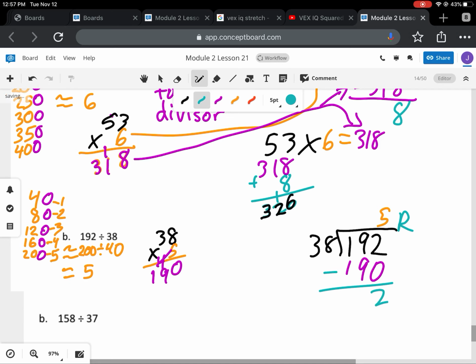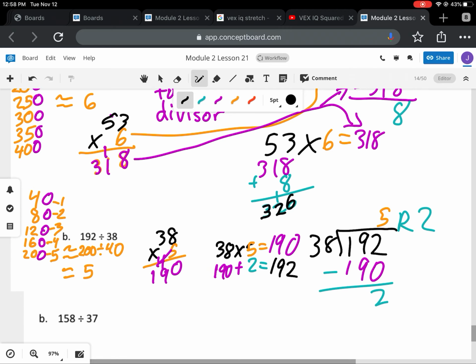Now I subtract, and I get a 2 as a remainder. How do I check? Well, 38 times 5 equals 190. Then I add to my 190 my remainder, and I get 192.